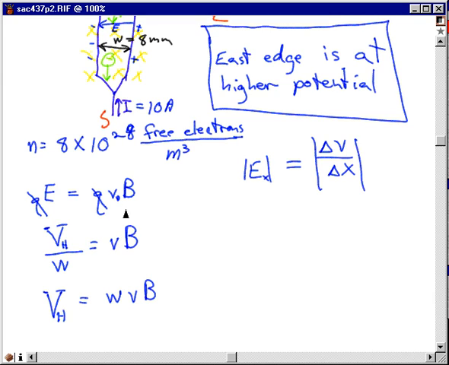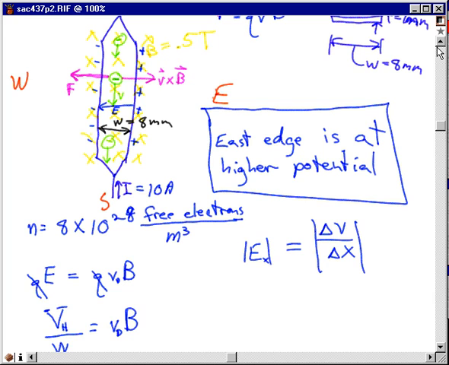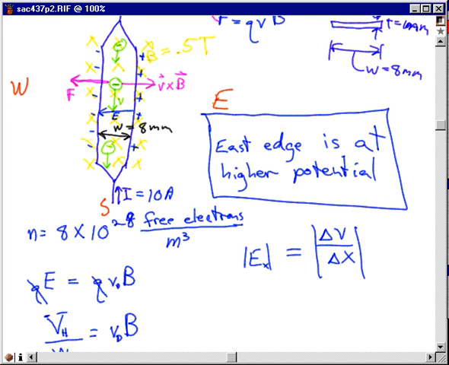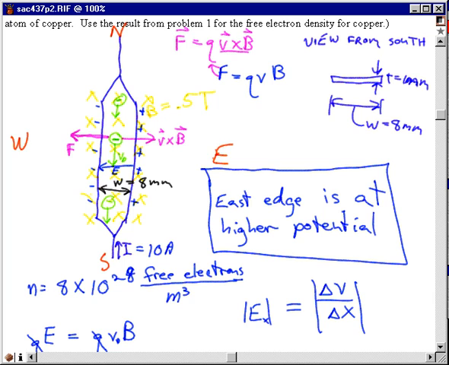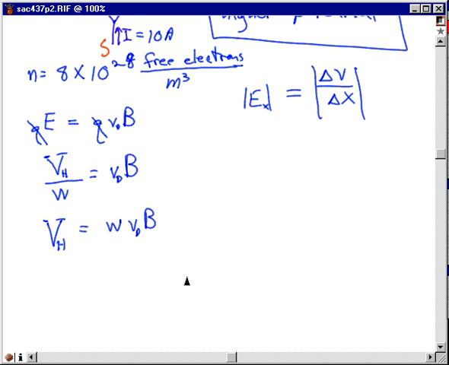It actually drifts at that speed, in that it's moving on average at a much higher speed, but in random directions due to the thermal motions. We call this v sub d. I'm going to label it v sub d on the diagram. And the force in our case then is going to be q v sub d times B. And here's our Hall potential.